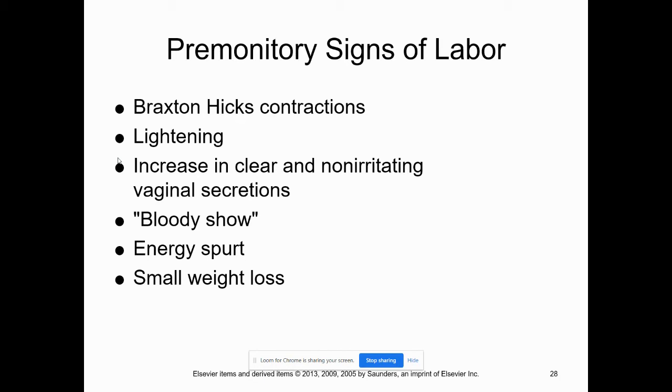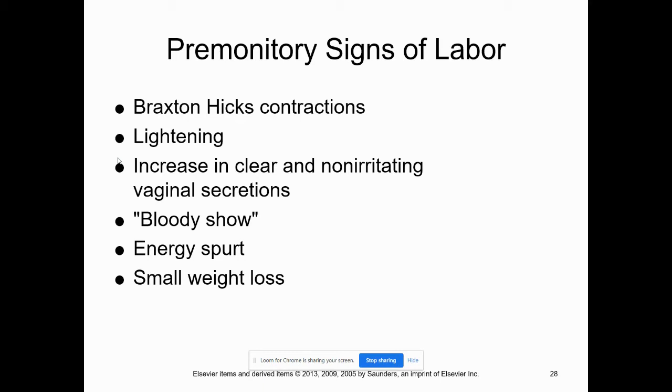You may have bloody show. That is a mixture of thick mucus and blood, and as the cervix starts softening, dilating, and effacing, that plug that stopped the flow of bacteria up through the vaginal canal gets loosened. A lot of women experience an energy spurt. Some people call it nesting.